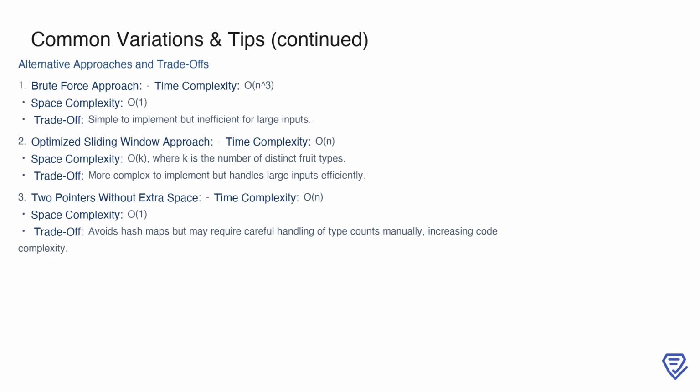This approach is more efficient for handling large inputs but requires a deeper understanding of the sliding window technique and frequency tracking. An alternative is the two-pointer approach without extra space, which also achieves O(n) time complexity but reduces space complexity to O(1). However, managing type counts manually without a hash map can increase code complexity and the potential for errors. Choosing the right approach depends on the problem constraints and your familiarity with these trade-offs.